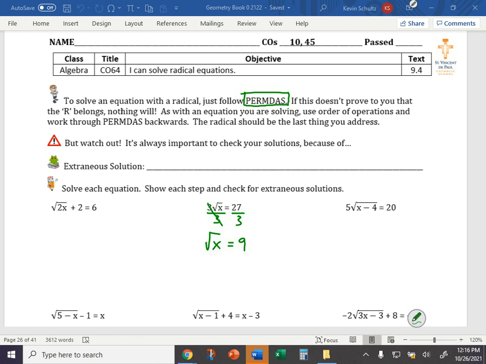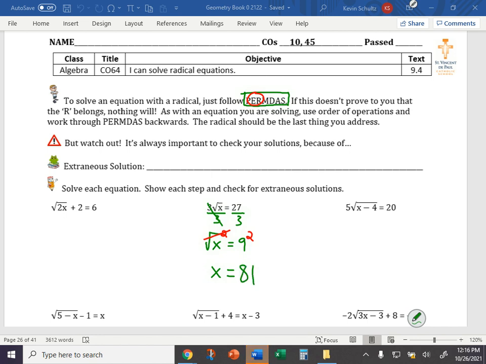Until you square it, right? Exponents and radicals are opposite. Okay? They undo each other. So to undo the operation of taking the square root, we are going to square. The root and the power cancel out. We're left with x by itself. And 9 squared equals 81.